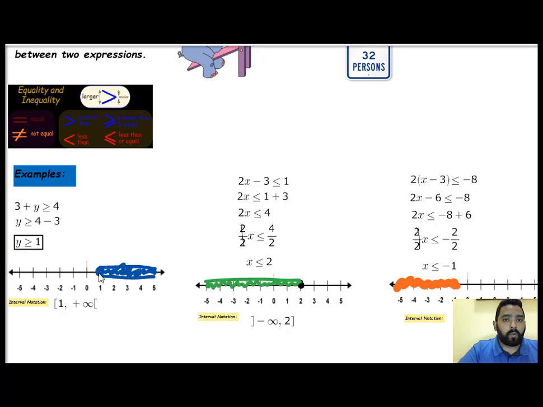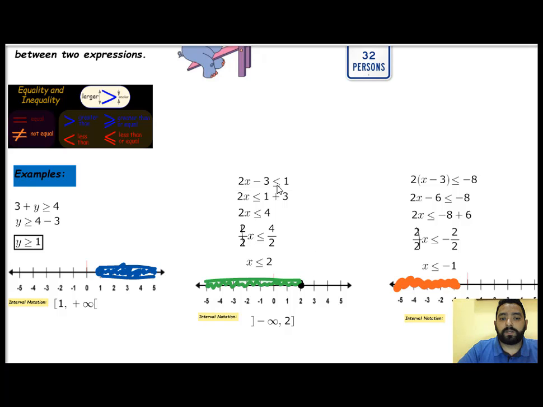In this case we put 1, and then we can take 2, 3, 4, 5, 6, 7, 100, 1000, 3000, 30,000 and numbers until positive infinity. So the interval notation would be a closed bracket 1, because we start with 1, comma positive infinity, open because we continue taking solutions. For example, if you put here 3, is 3 greater than 1? Yes.